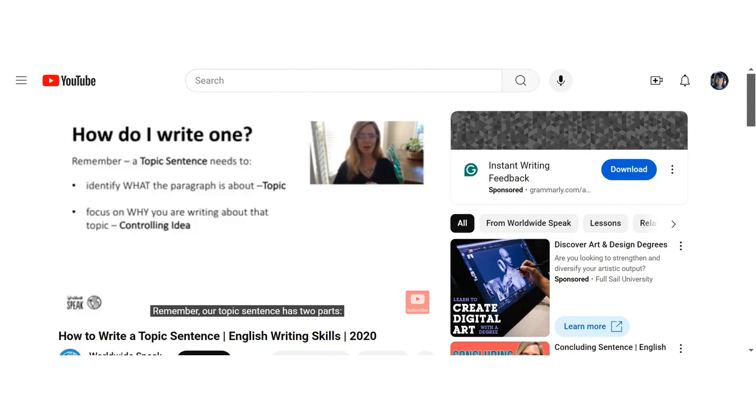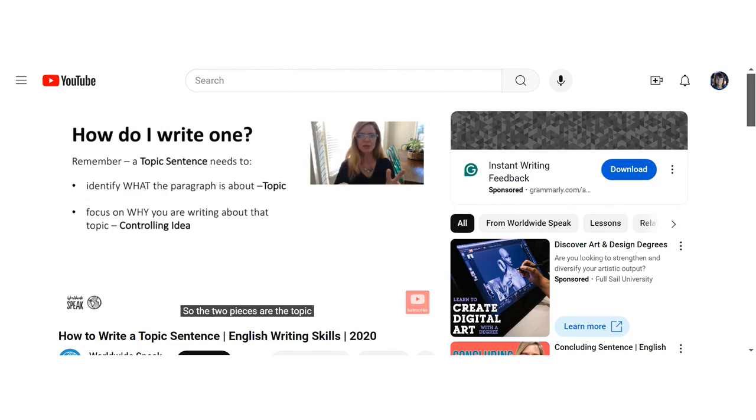Remember, our topic sentence has two parts. One, we need to identify or show what the paragraph is about, and that's the topic. It's the subject of the paragraph. And then the second part is that we need to focus on why we're writing about that topic. It narrows the topic down, and we call this the controlling idea.